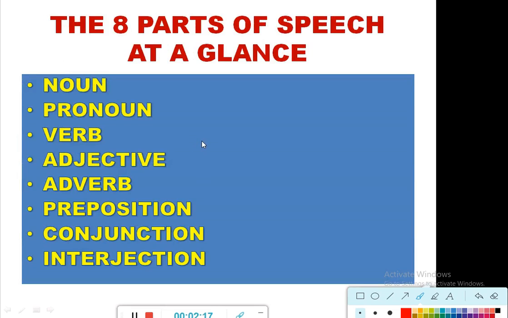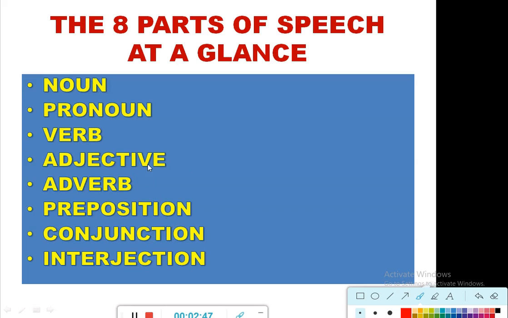I want to point out here that this classification is in line with the traditional grammatical theory. In modern linguistics, some scholars are of the opinion that interjection may not be proper to be classified with other parts of speech.